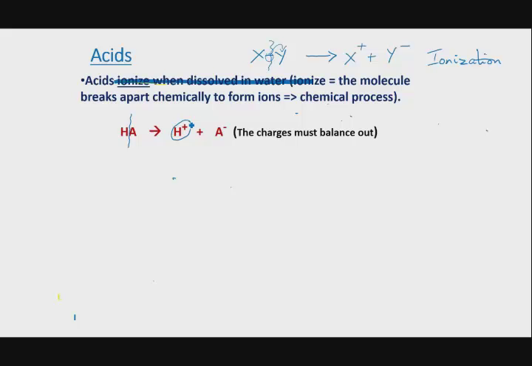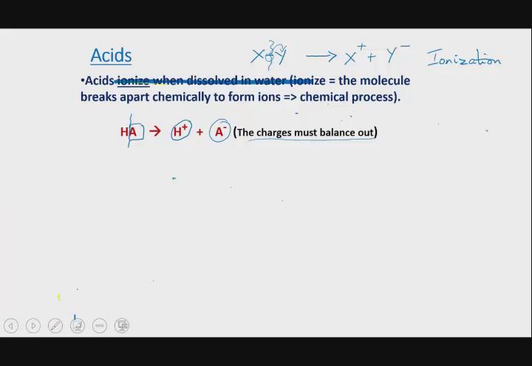Each H+ ion will have one positive charge, and the rest of the molecule becomes the anion. As always, since you started with a neutral molecule, you must have ions such that the charges balance out. That always has to be the case.